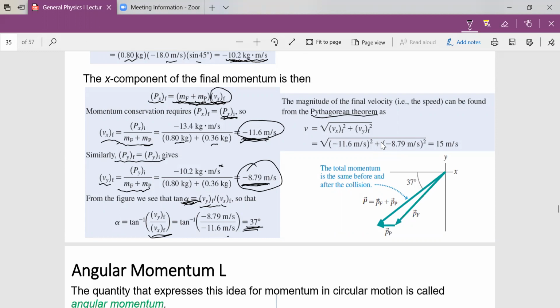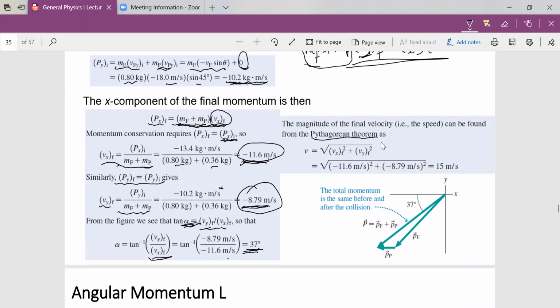So if we use the Pythagorean theorem, we'll have v final for the x squared, the square will take care of the minus. Minus times minus will become plus, this times this will be plus, to give us the final velocity as 15 meters per second.